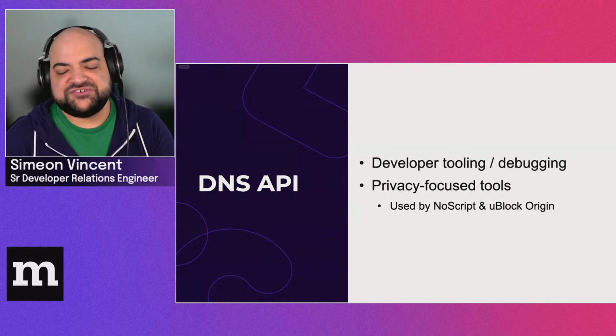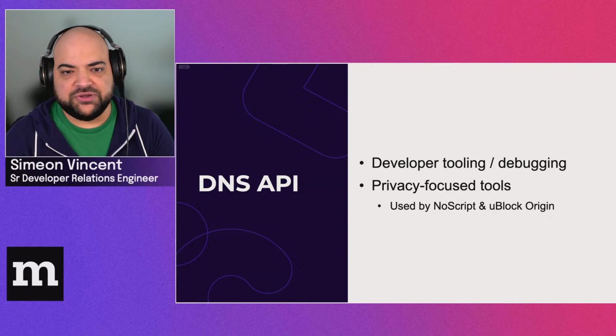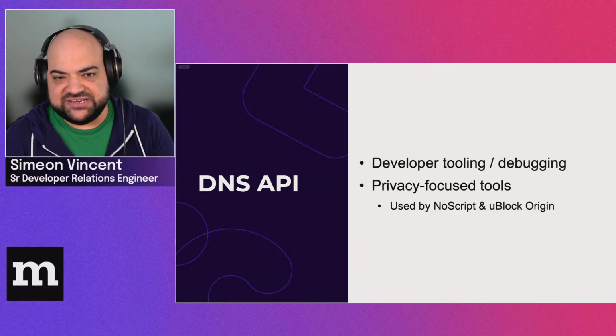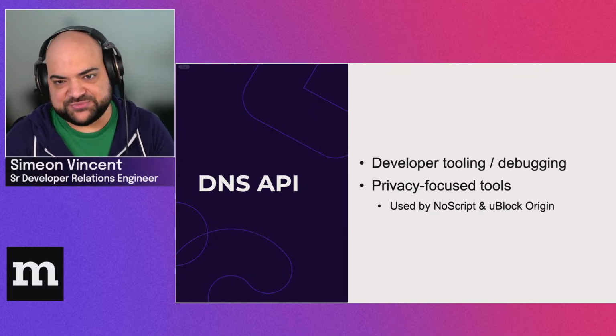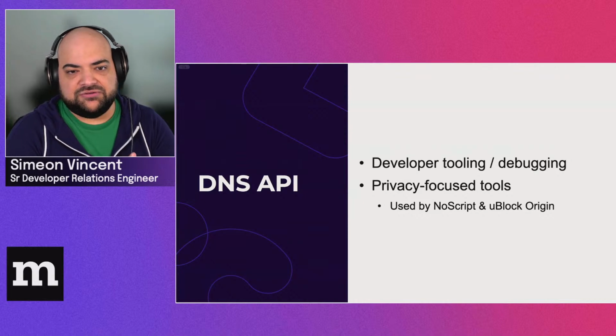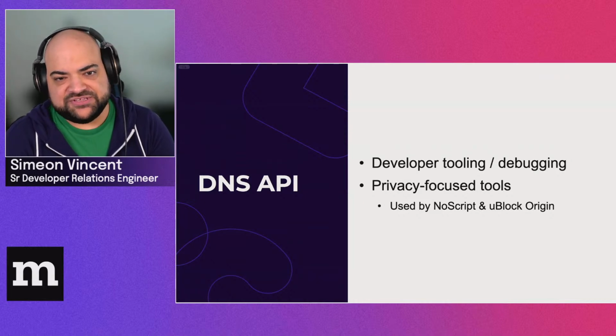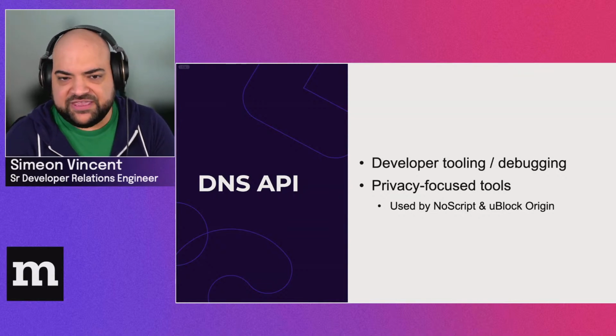The features that the API provides, we'll get into a couple of the options in a moment, but they allow you to do some really interesting debugging and introspection into how DNS resolution works in the browser. But notably, NoScript and uBlock Origin both use the DNS API, and I think they in particular use it.